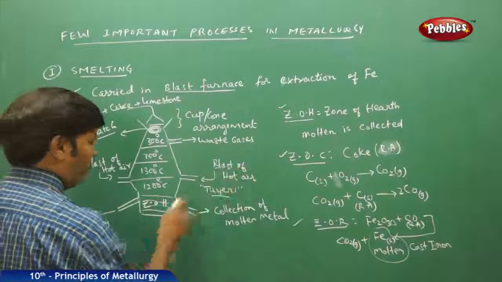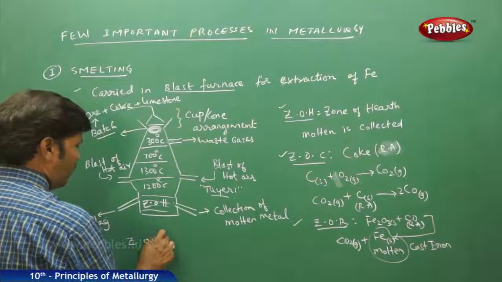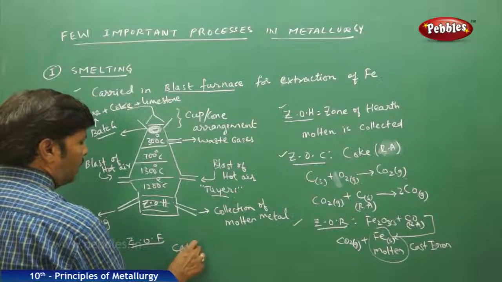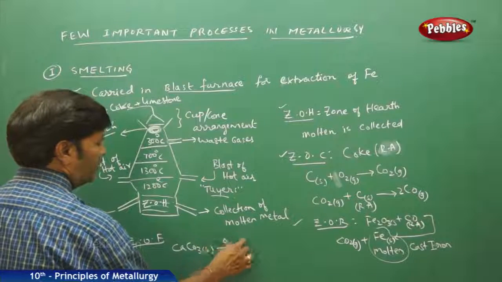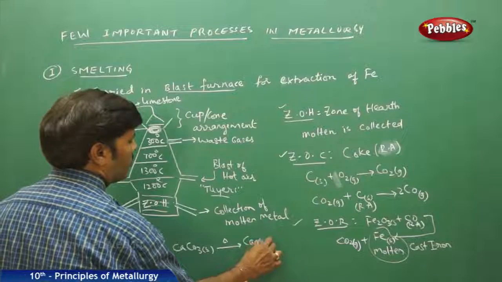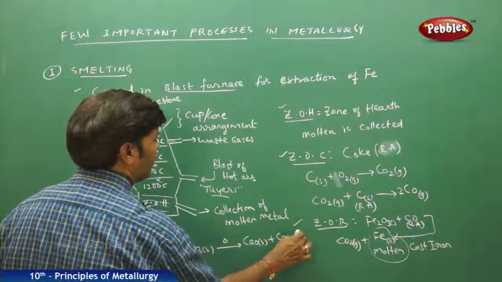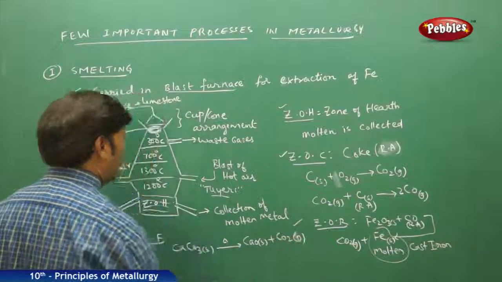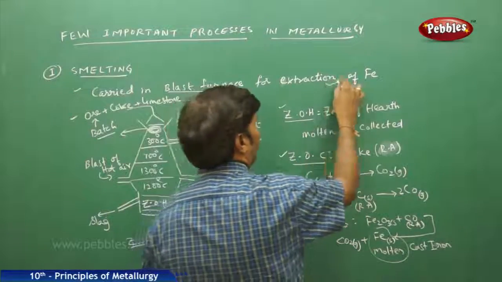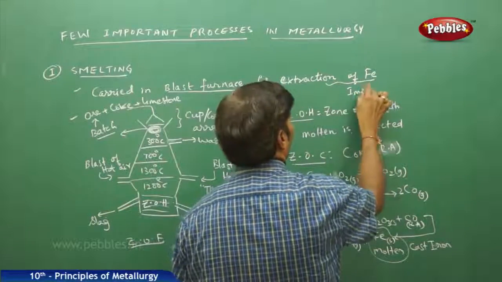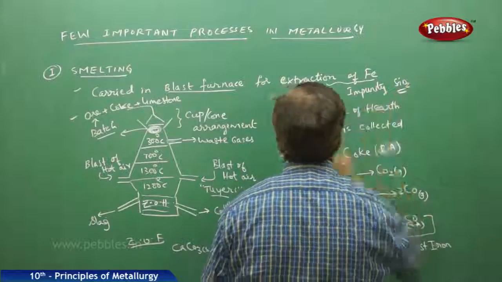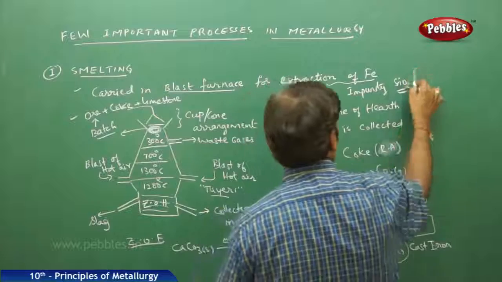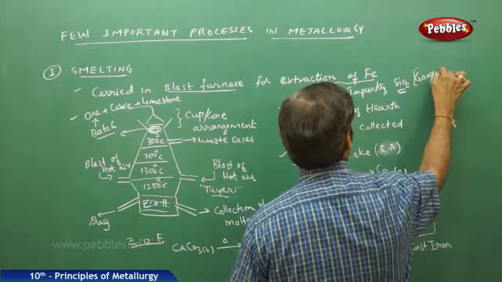If you take the zone of combustion, the next one is the zone of fusion. If you take limestone, CaCO3 is limestone. If you heat this, you get calcium oxide solid plus carbon dioxide gas, and the impurity present in the extraction of iron is silica. Silicon dioxide is the impurity, that is the gangue particle.